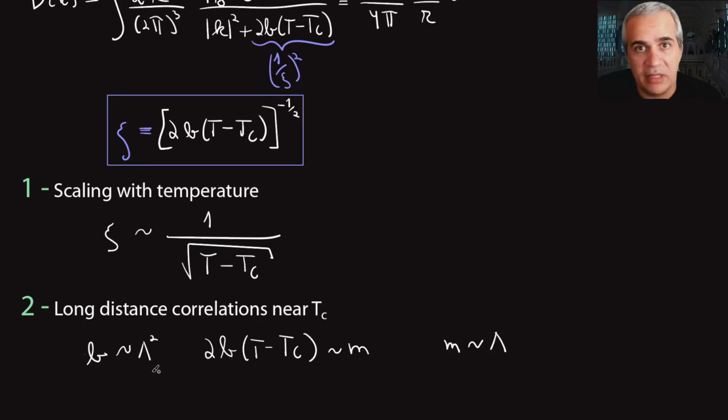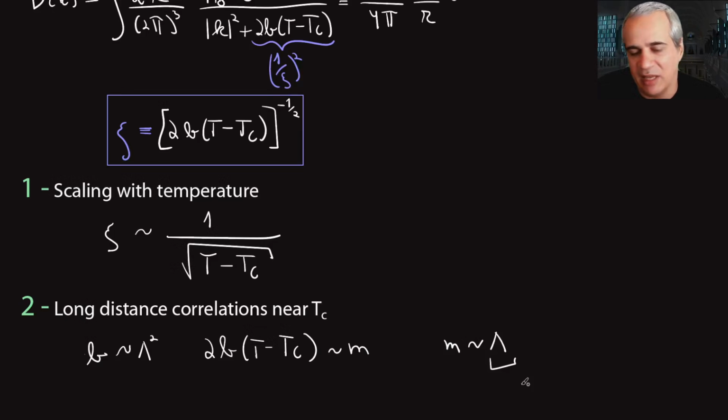We know that this theory has a physical cutoff, which is given by the distance between atoms in my material. So what I'm saying is that if I go too far away from the critical temperature, my typical correlation distance will be just the same size as the distance between atoms, which means I'm just saying that just neighbors, right?